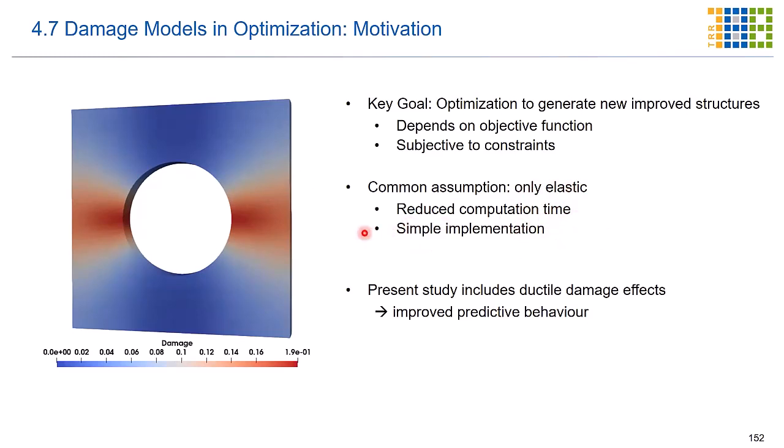Implementation is simple here, but here we want to show or see how damage may change the whole picture if you do not only assume elasticity but also damage effects actually. So let's assume here we have some ductile damage effects, and let's see how that can improve our prediction.